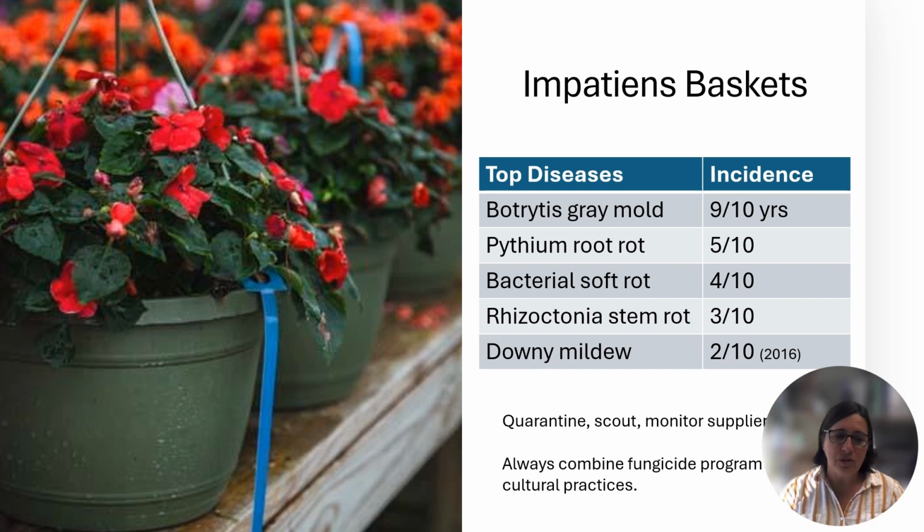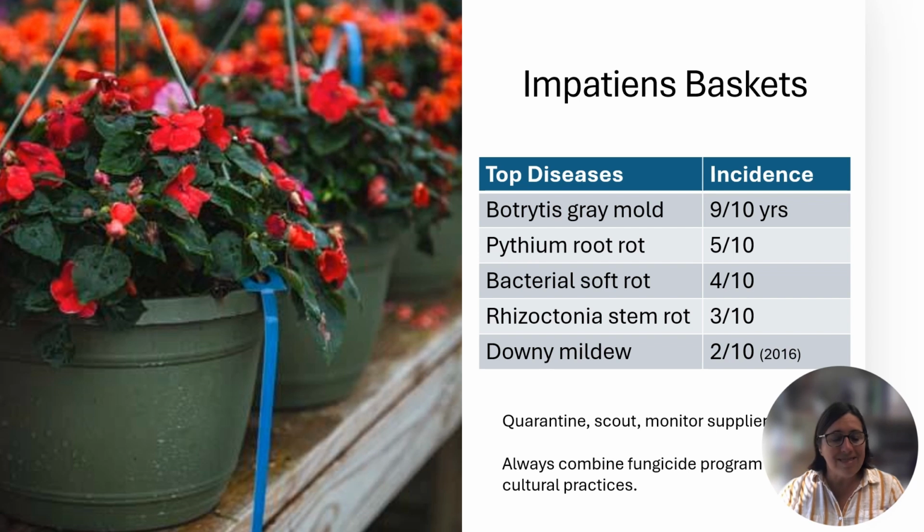Next, bacterial soft rot, and that's a root rot. This is usually a secondary disease, or a secondary pathogen that moves in, 4 years out of 10. And I've learned recently that this is an overwatering issue. So I'm going to manage that, but it's still 4 years out of 10. Those are some severe losses, at least for me as a small grower.